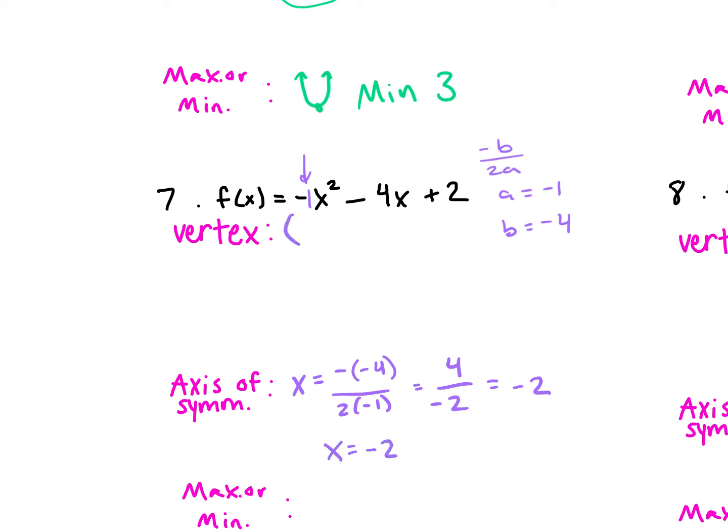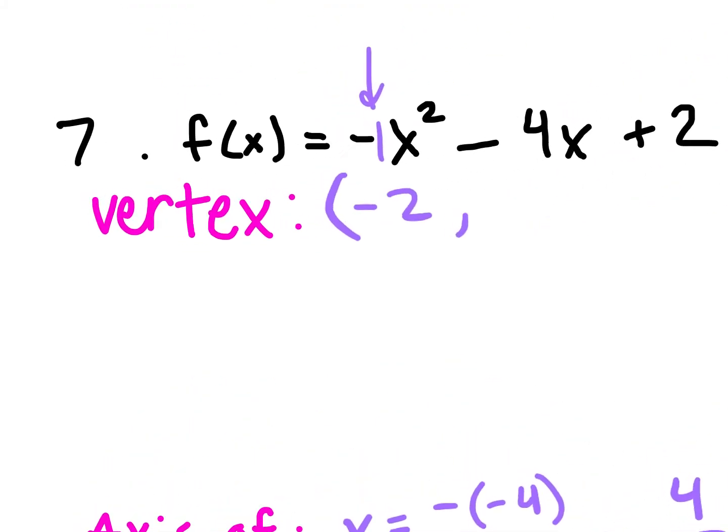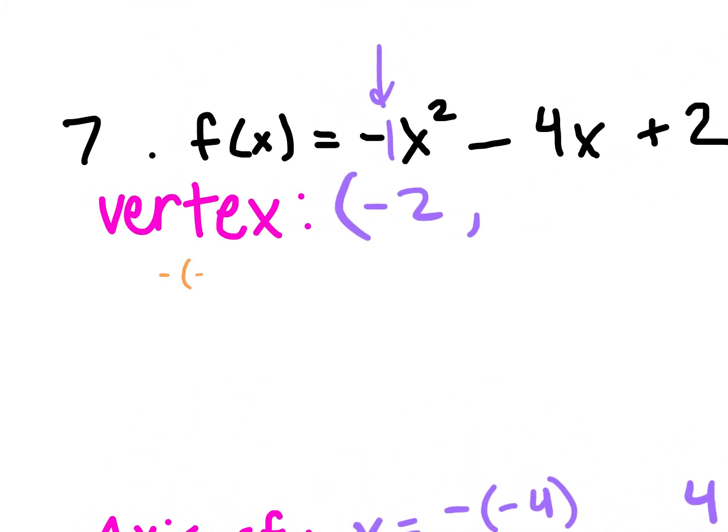So what's the first number in my vertex? -2. How do I find the second number? Plug it in for x. So I have -2 squared minus 4 times -2 plus 2. So Kimberly, what do I have to do first? So what's -2 times -2? 4.